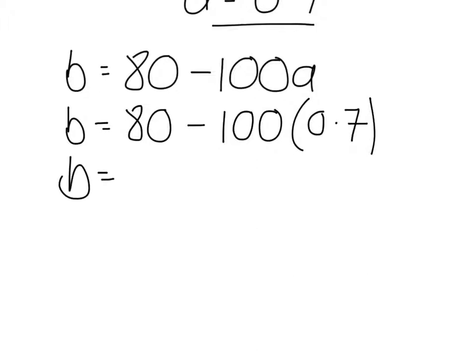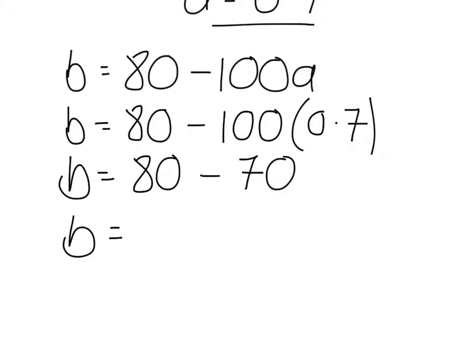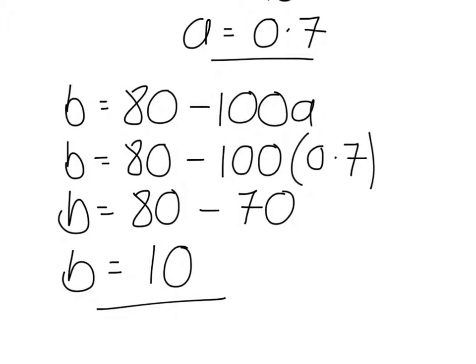So that's b equals 80 take away, and 100 times 0.7 is 70, which means b equals 80 take away 70, which is 10. So we've got the two values that we needed. a is 0.7 and b is equal to 10.